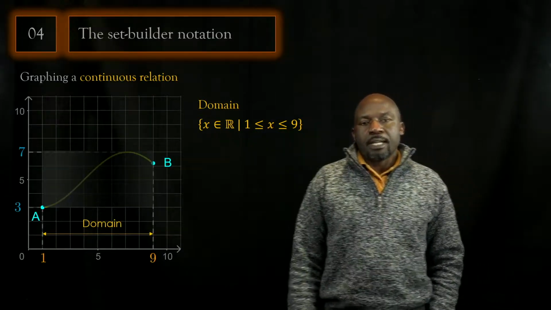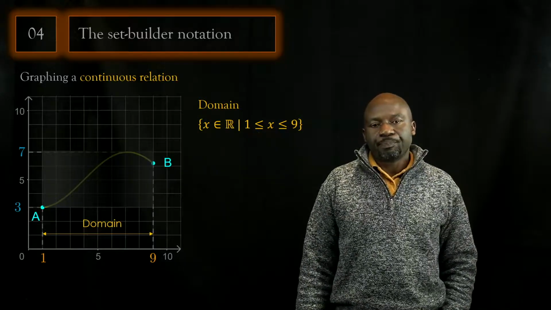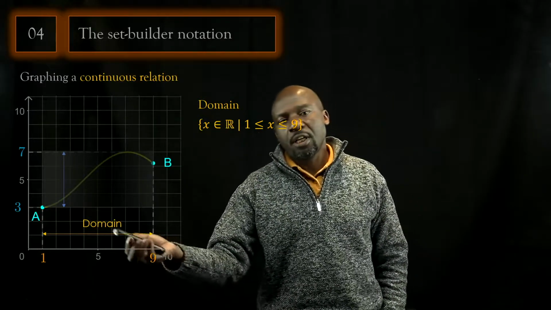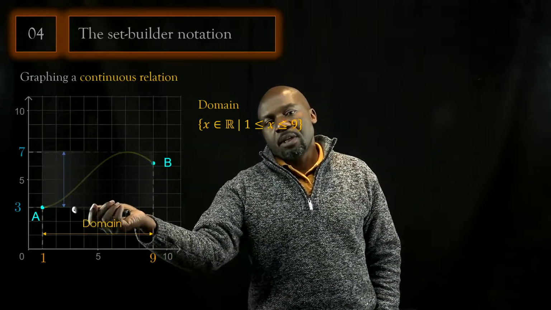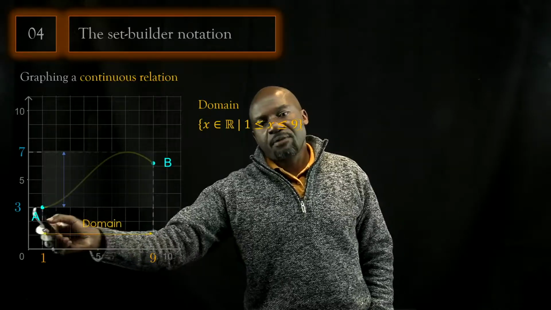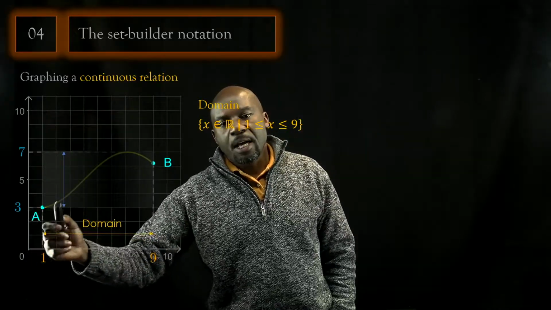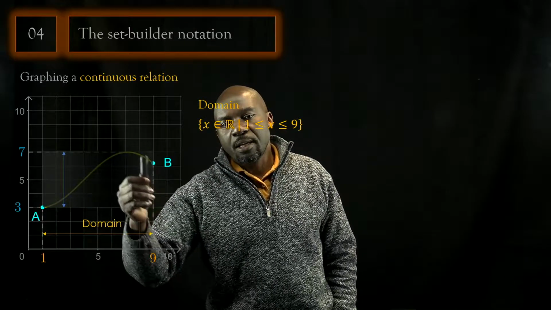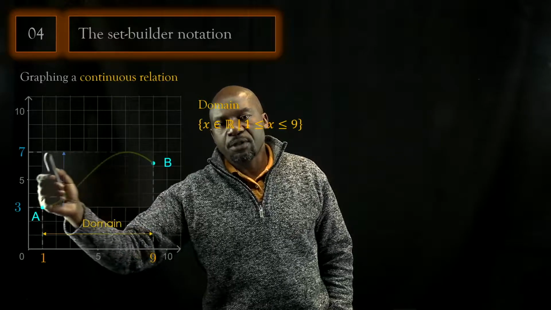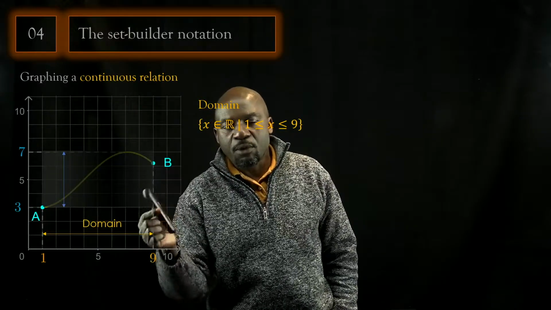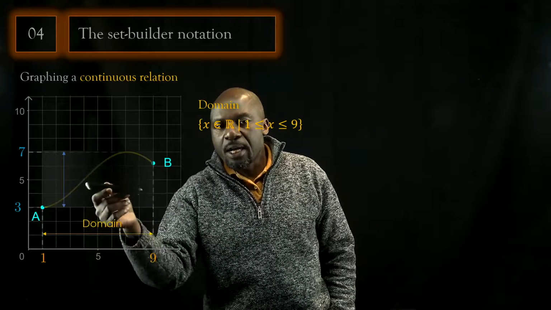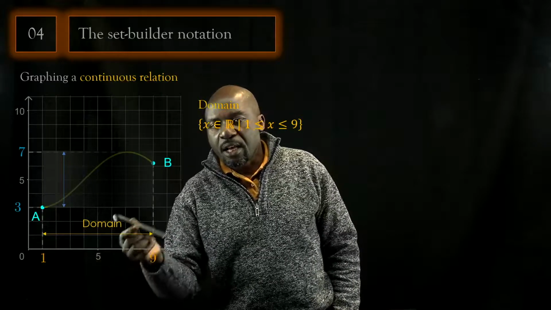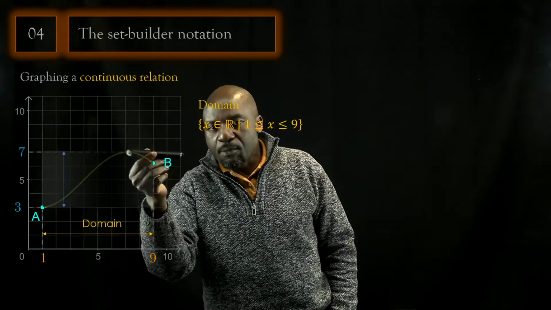Similarly, the range of this relation goes from the lowest possible value of y, which is here, to the highest possible value, which is up here, not at B, because we can get a value of 7. B is slightly lower than 7. When looking for the range, we look for the highest possible value of y for this domain, and that is 7, somewhere up there.